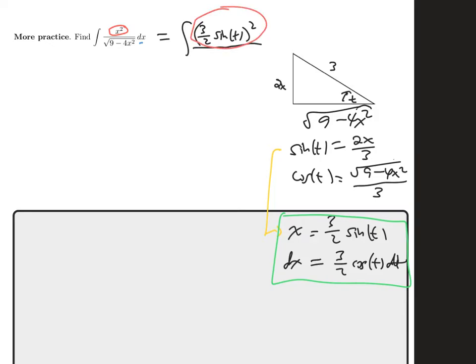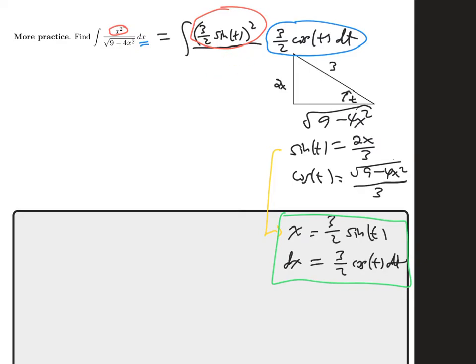The dx is going to become 3/2 cosine t dt. So the dx part becomes that because of this fact. So I really am just trying to use these things as much as I can in my substitution.